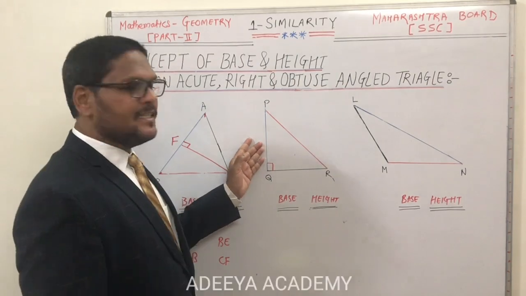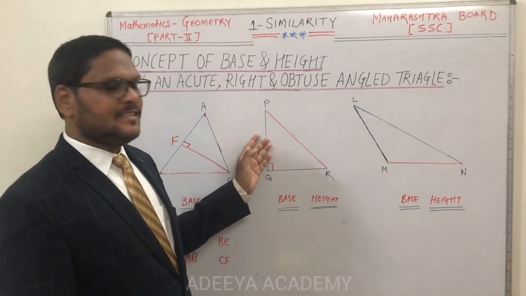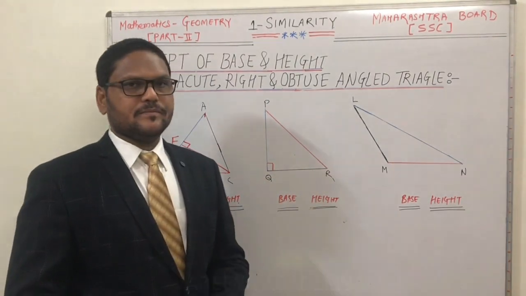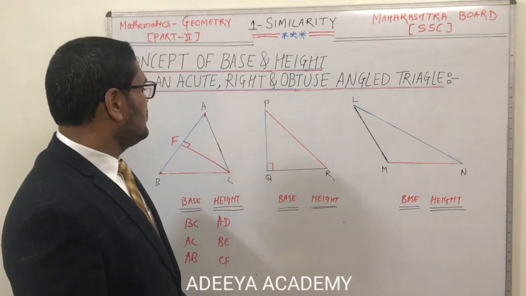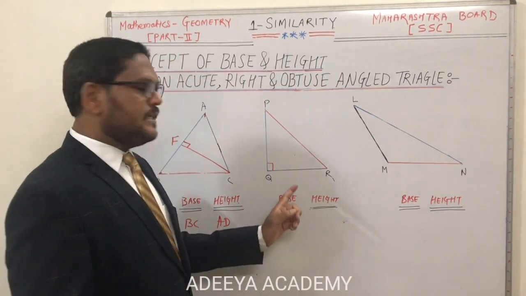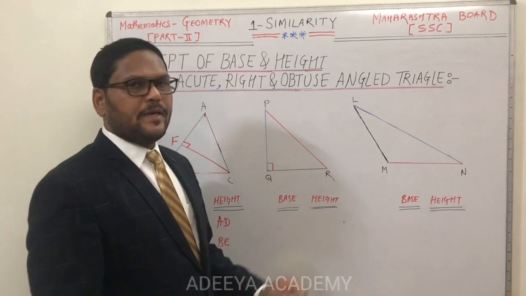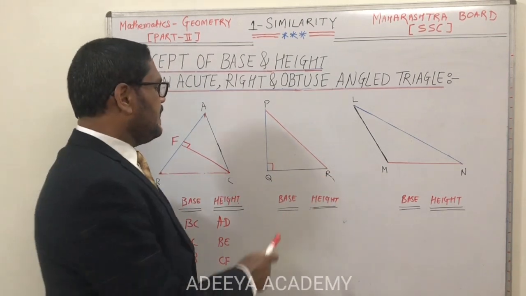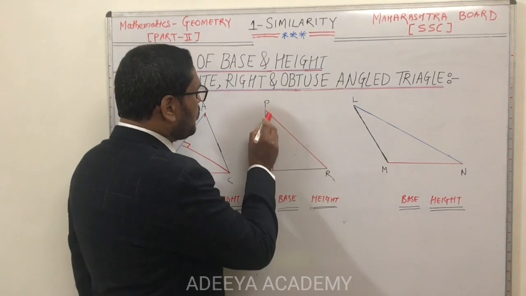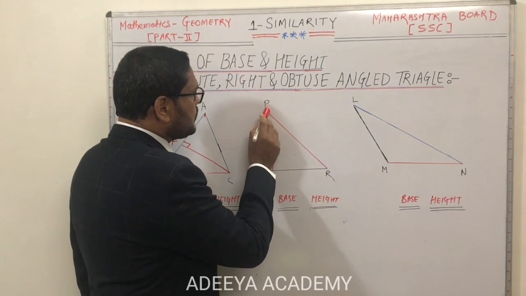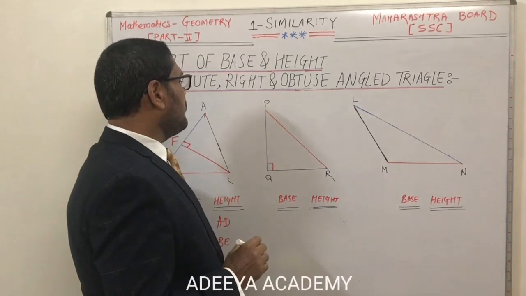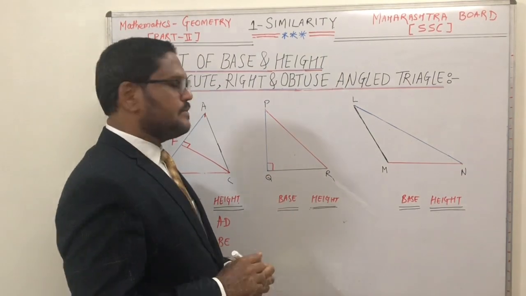Look at this. What is this? This is right angle triangle PQR. Okay? In this triangle, if we consider QR as a base, then its height, that is the perpendicular, will be dropped from its opposite vertex, that is vertex P, to side QR.